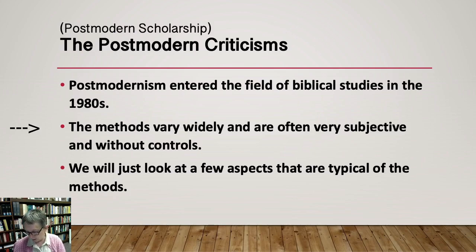And if you studied English, for example, you probably looked at a period of history where there was all of this deconstruction and other things that were applied to literary texts, and really, in most cases, a bunch of nonsense. But I would therefore like us to look at a few aspects of the postmodern criticisms that are typical of the methods and also very problematic.